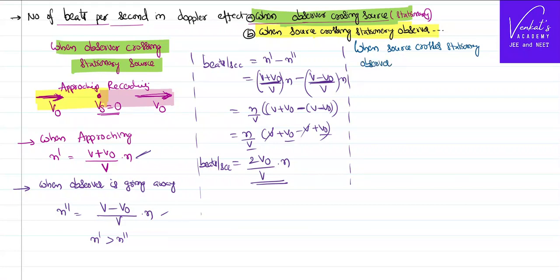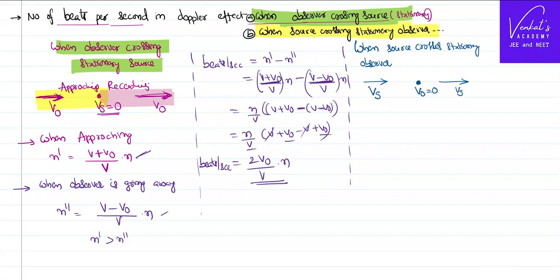Let us consider an observer in the state of rest, like you are a traffic person waiting at the traffic post, like a traffic constable. Another source, like a car, is approaching you and then going away from you.